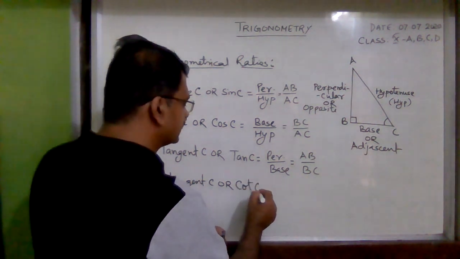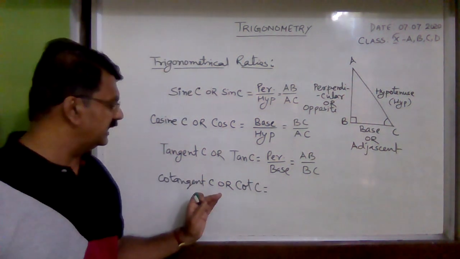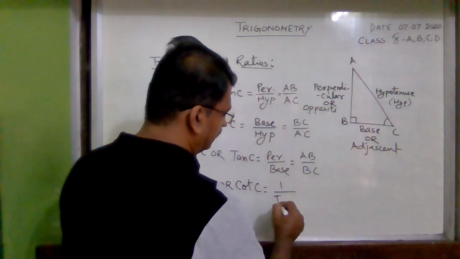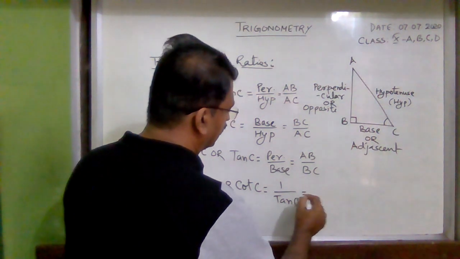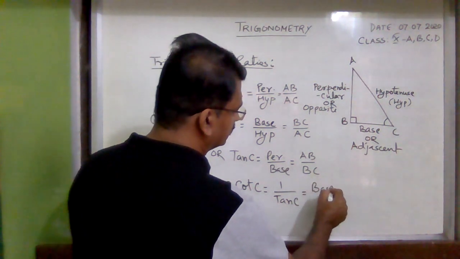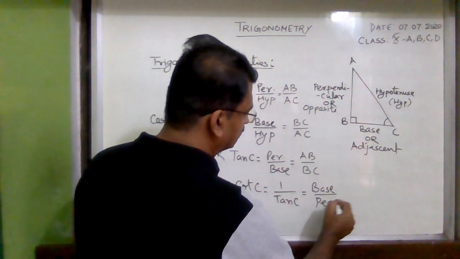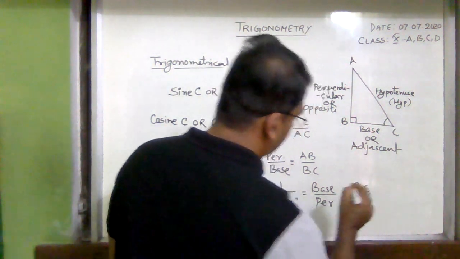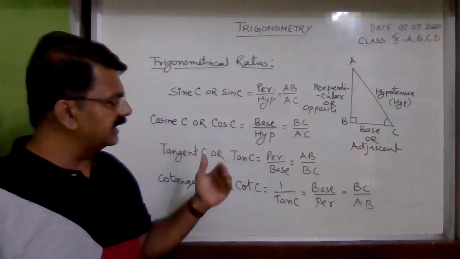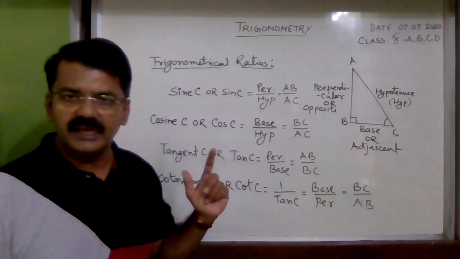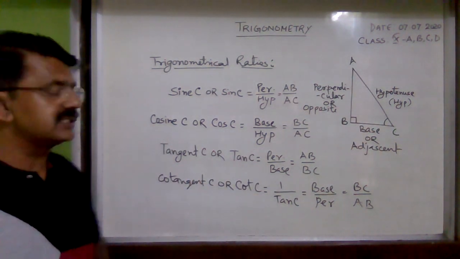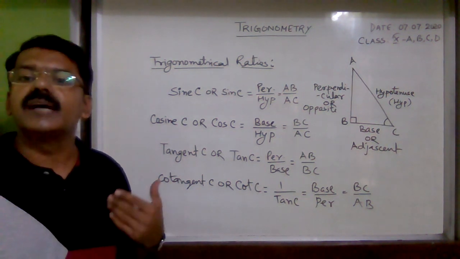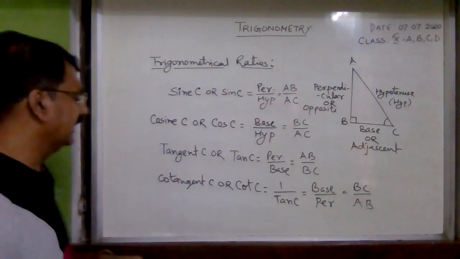So cot C is actually 1 upon tan C. That is base upon perpendicular, and that is BC upon AB. Clear?